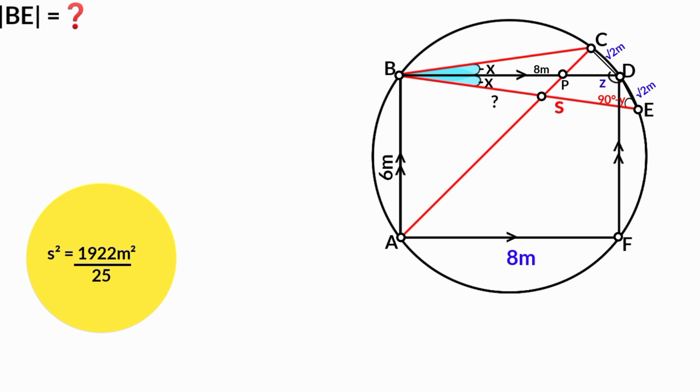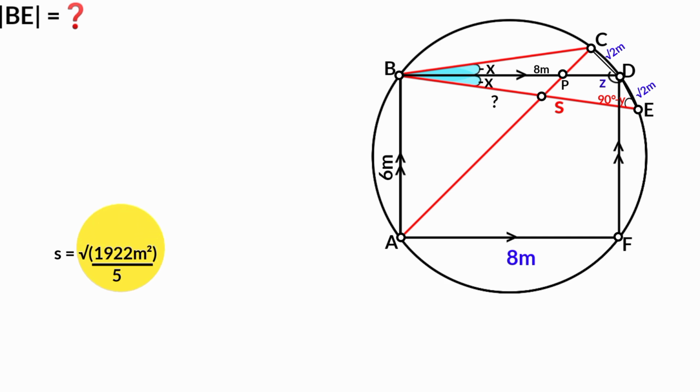Take the square root of both sides. Here the square root of s squared is s, while here the square root of 1922 meters squared over 25 is the square root of 1922 meters squared over the square root of 25. The square root of 25 is 5.